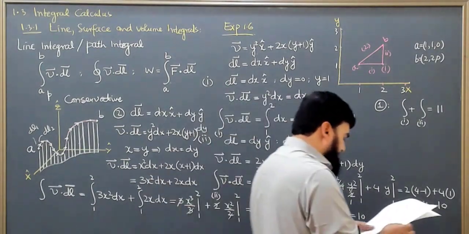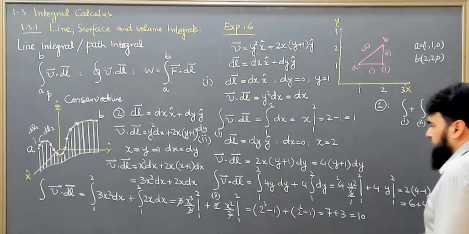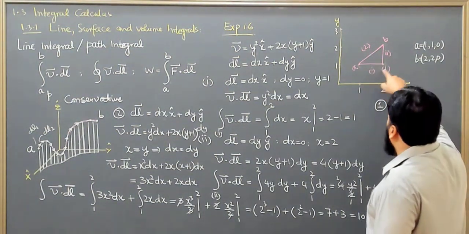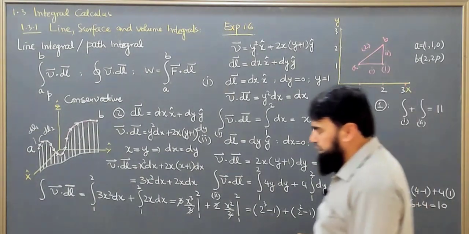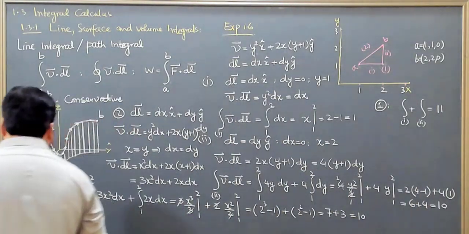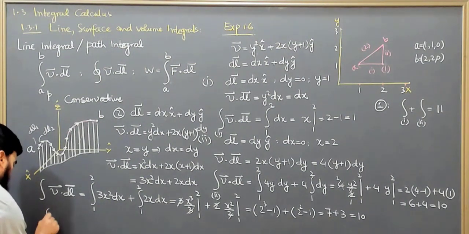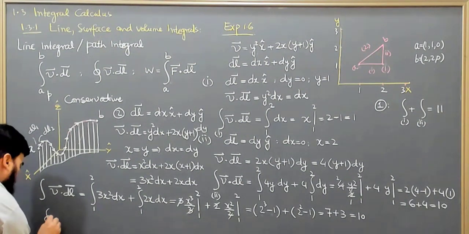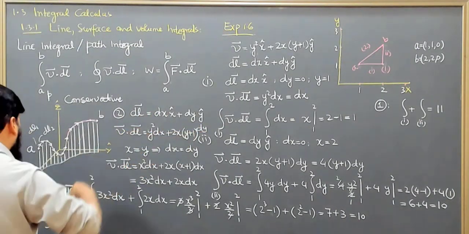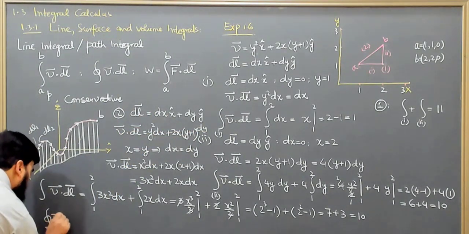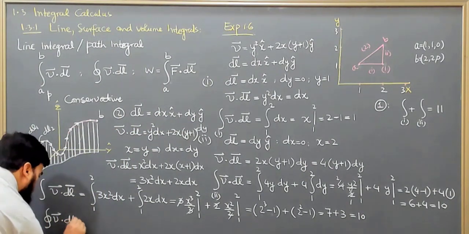Now in the example, it is being asked that you go through path 1 and then return through path 2. So it is actually the closed loop integral, from a to b and then from b to a, of v dot dl.